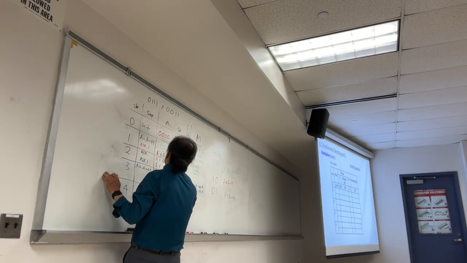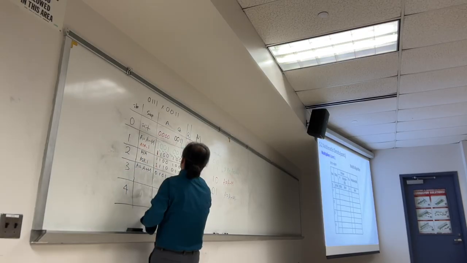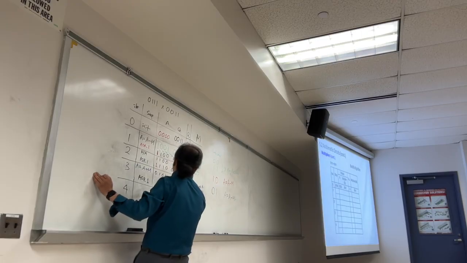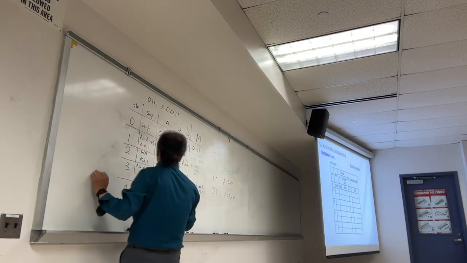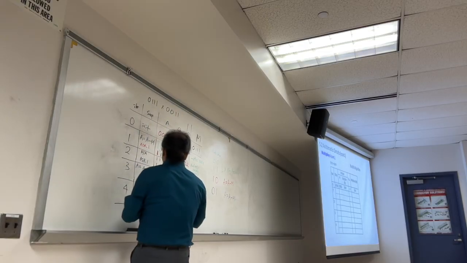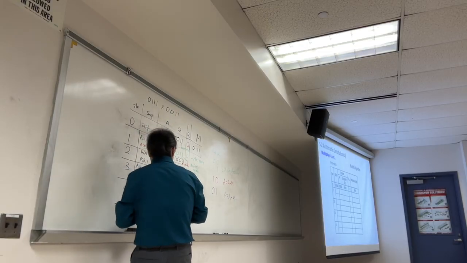Now we have 0, 1, 0, 1, 0, 1, 0, 0, 1. Arithmetic shift right by 1. So 0, 1, 0, 1, 0, 1, 0, 0. And this time, since it's positive, we need to fill in 0.